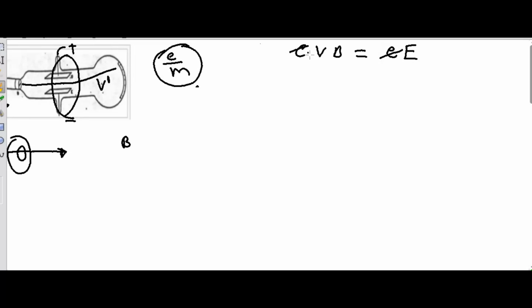So here e gets cancelled, and I get V is equal to E by B.